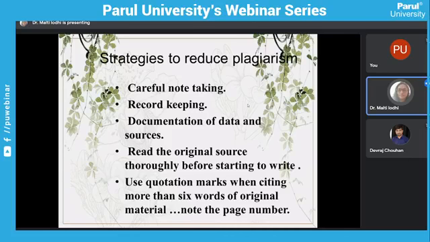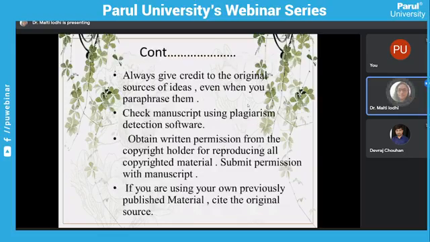So you should not repeat the words again and again, so you can minimize the plagiarism report. Then always give credit to the original sources of the ideas, even when you paraphrase them. This must be remembered by the publisher. They must give recognition to the original sources so they can minimize plagiarism.